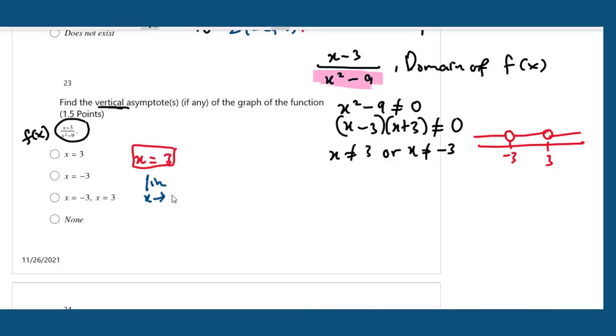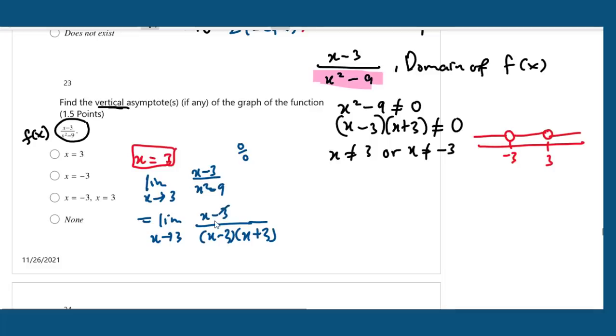As x approaches 3, (x minus 3) over (x squared minus 9), substitute, get 0 over 0. When 0 over 0, polynomial over polynomial, factorize. (x minus 3) over (x minus 3)(x plus 3), then cancel.